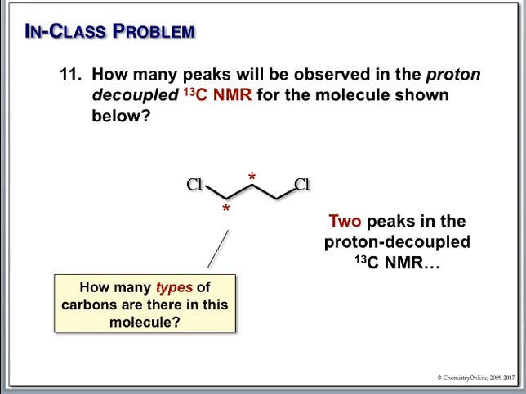Therefore, this guy sits here and says, I'm next to 4 hydrogens. And so this signal is split into 5 peaks. 4 hydrogens, 5 peaks. So we'd expect a triplet for these two, area 4, and a pentet for these two, area 2. Any questions? Think about that one. It's kind of a cute problem.